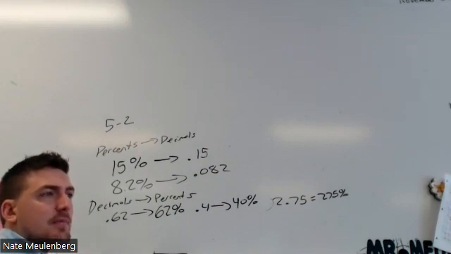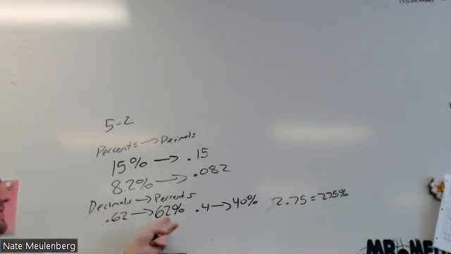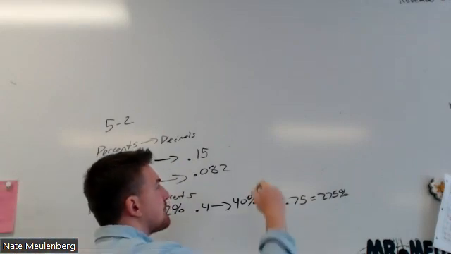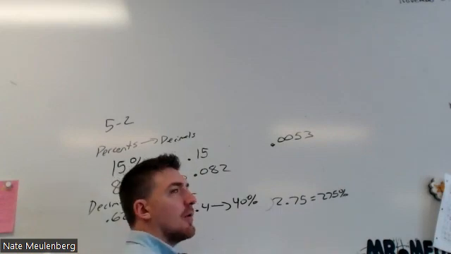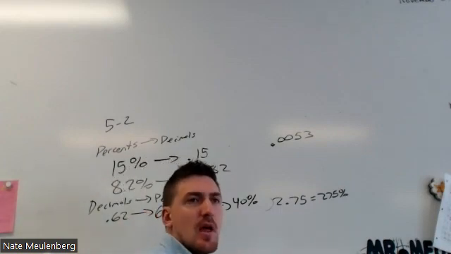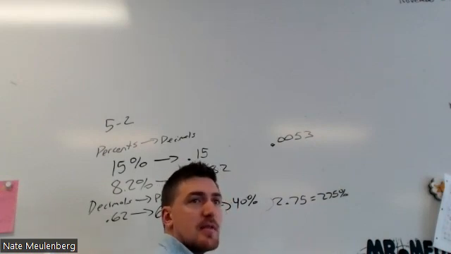Make sure you recognize this for the test because it's pretty easy, I think, if you think of it like, okay, 0.62, that's 62%, 15%, that's 0.15. But if I give you something like 0.00053 or 0.0053, and I say this is a decimal, make this a percent, then it can be kind of hard, like, okay, what is it as a percent?